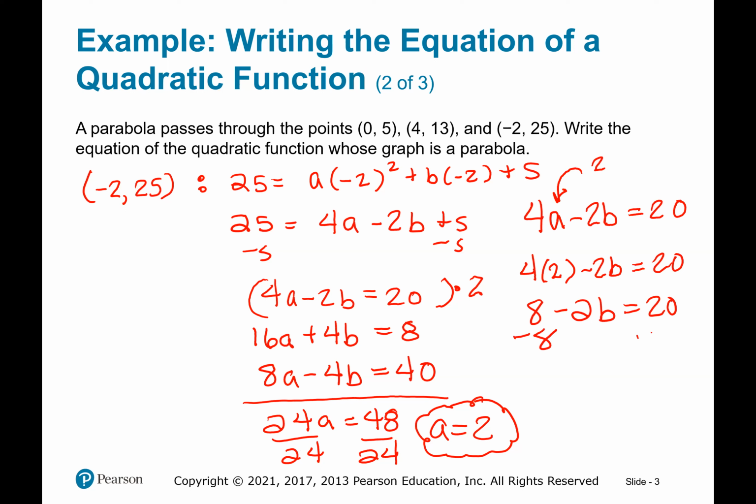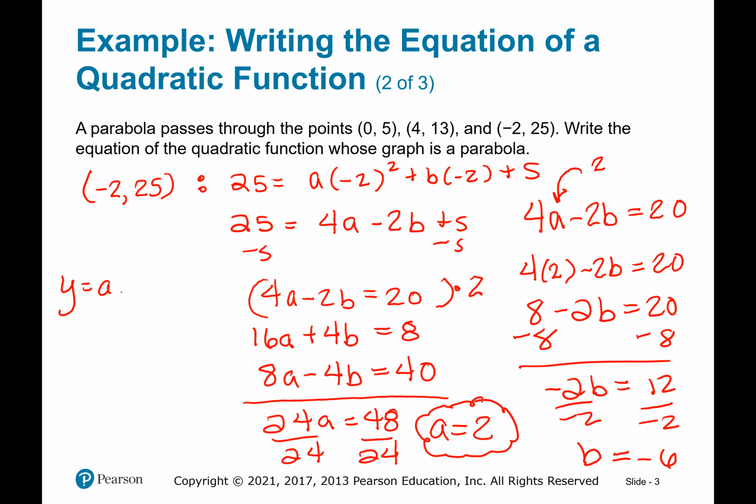Subtract the 8 from both sides. So is B -6? So what's the equation of this parabola then? 2x squared minus 6x plus 5.